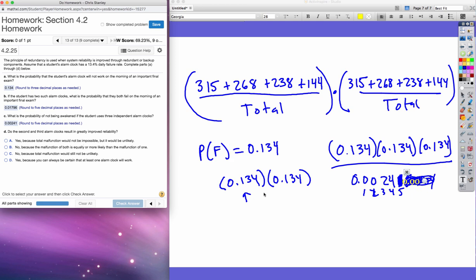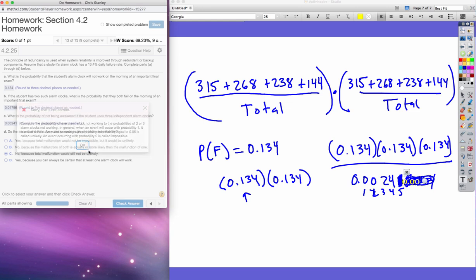Okay, greatly improved. So we went from 2%. I'm going to go with that.